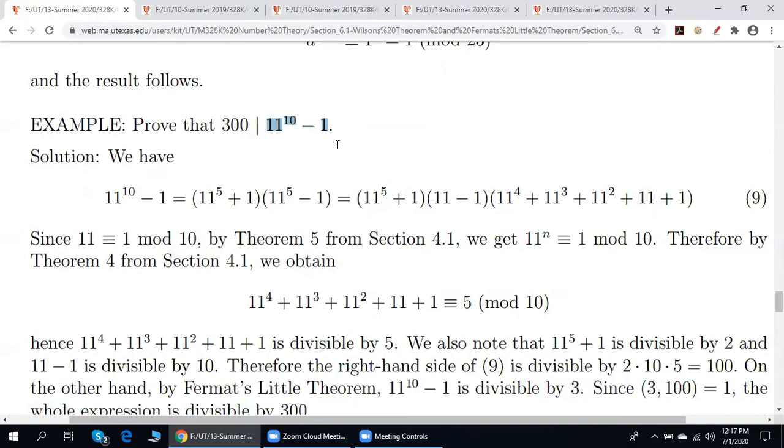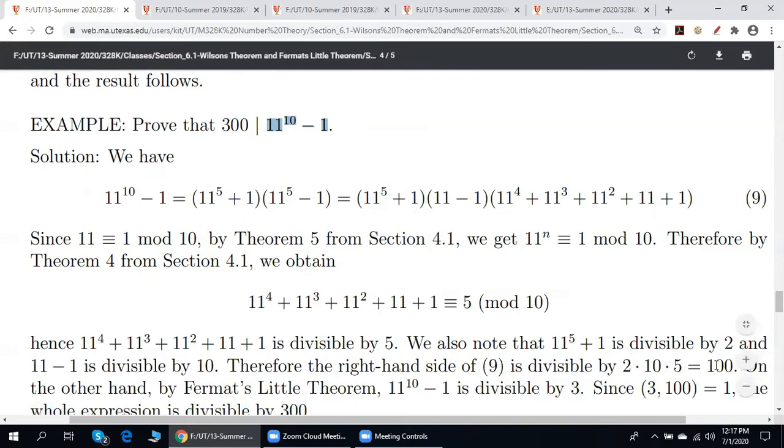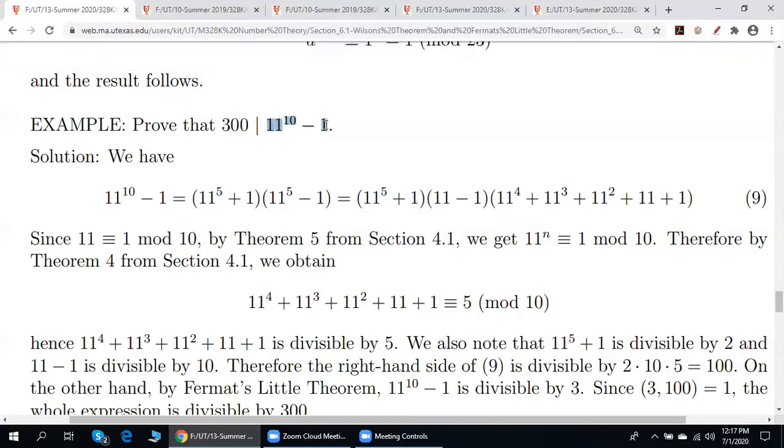Here is how we do it. Note that 100 is 2 times 10 times 5. First, let us show that this is divisible by 5. In order to show that this is divisible by 5, let us factor this out.